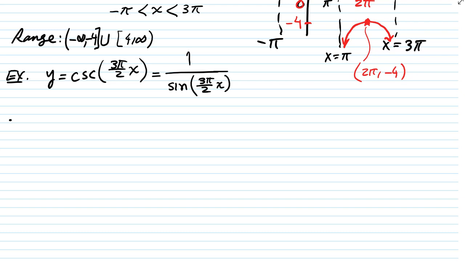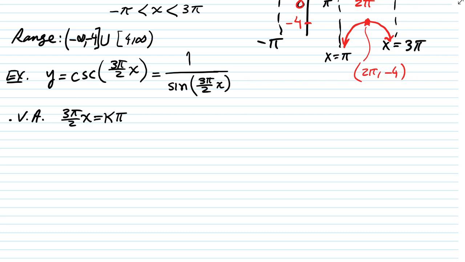So here we go. The vertical asymptote is going to be a place where you divide by 0. That means zeros of sine. 3 pi halves x is equal to k pi. See, when the denominator is 0, you have division by 0, undefined, and hence a vertical asymptote.